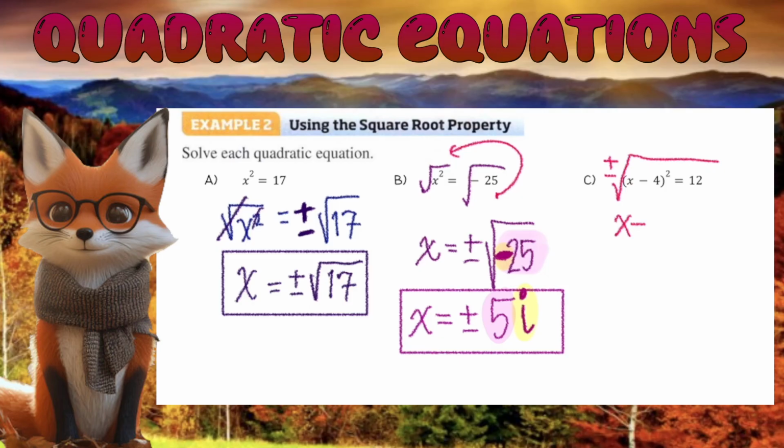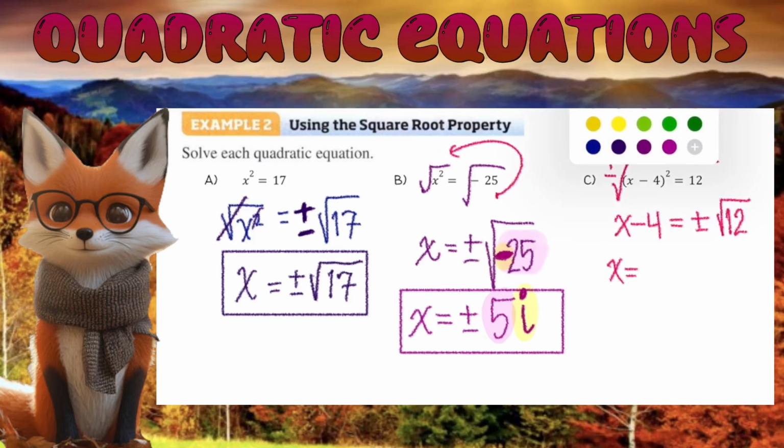That means we're left with x minus 4 equals plus minus square root of 12. Now let's do a little at a time here. When it comes to the square root of 12, we're going to simplify that. That's 4 and 3, and the square root of 4 is 2, right?